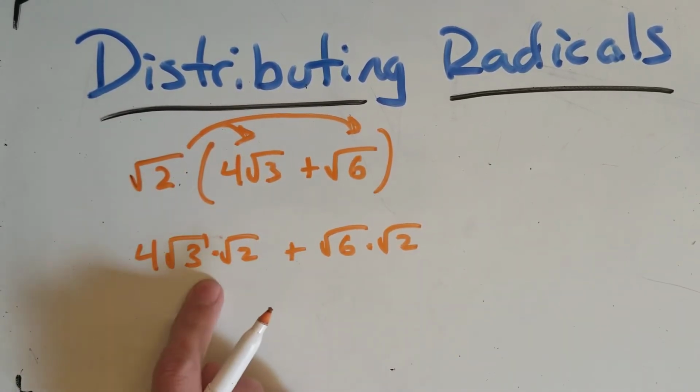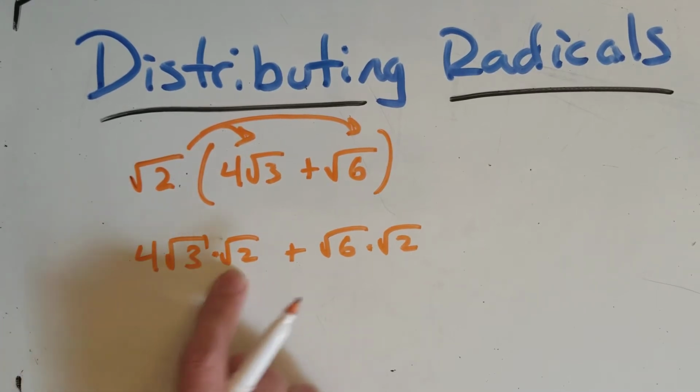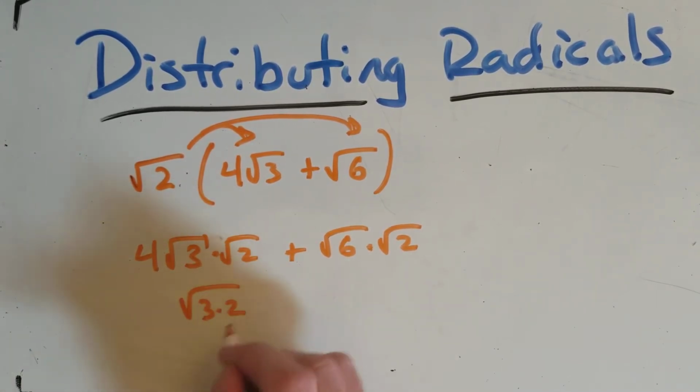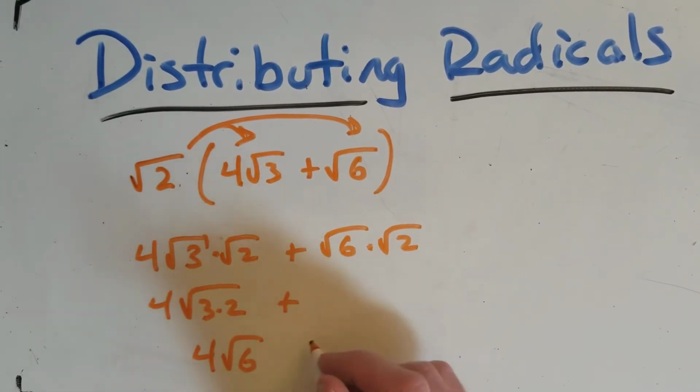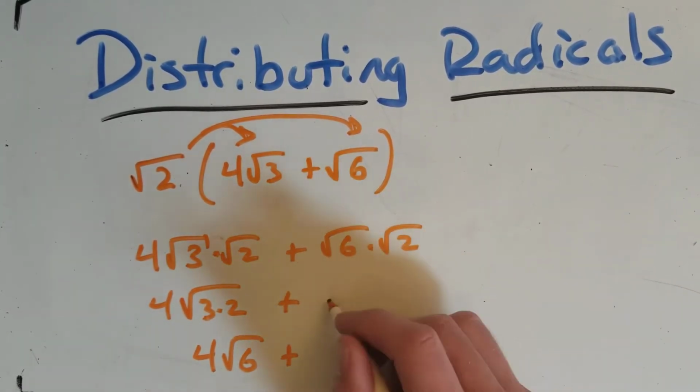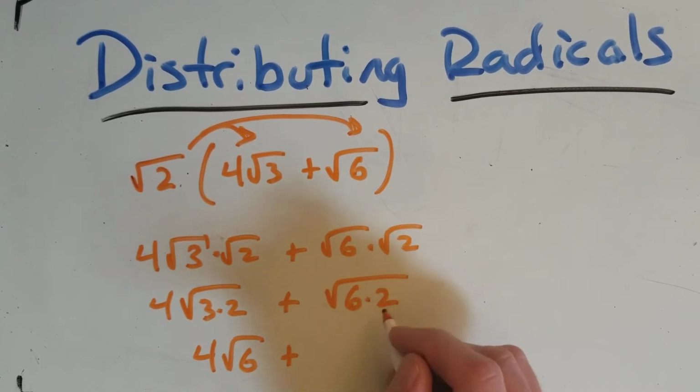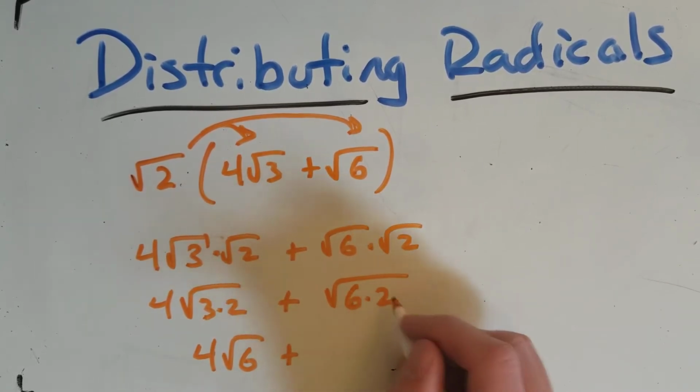When you're multiplying, root 3 times root 2 would be root 3 times 2, so you end up with 4 root 6. And root 6 times root 2 would be root 6 times 2 under the same radical sign.